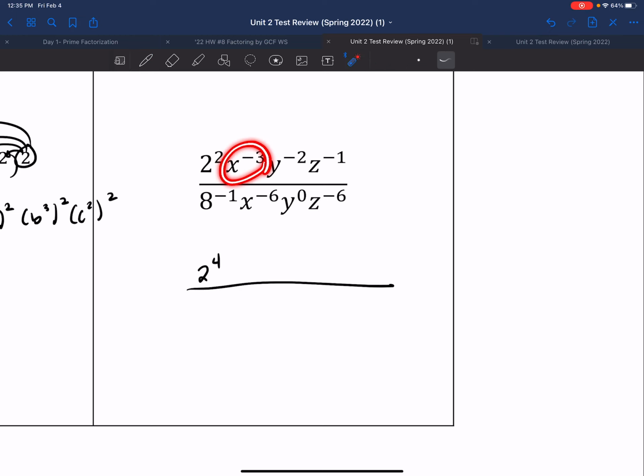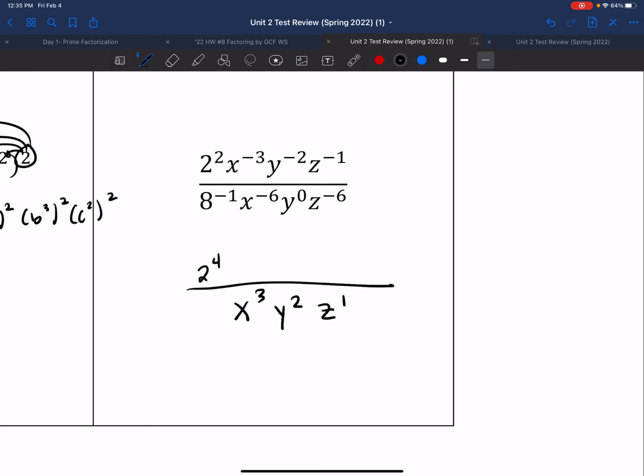I have this x to the negative third power, and that's just going to go down below, and I'm going to make that exponent positive. Y to the negative second power, that's a negative exponent, so it goes to the other side of the fraction. Z to the negative first power, it's a negative exponent, so it goes to the other side of the fraction too. And then 8 to the negative first power, yes, that also goes to the other side of the fraction.